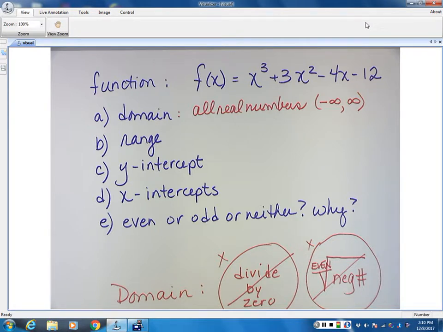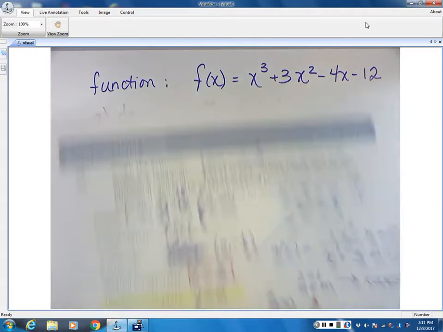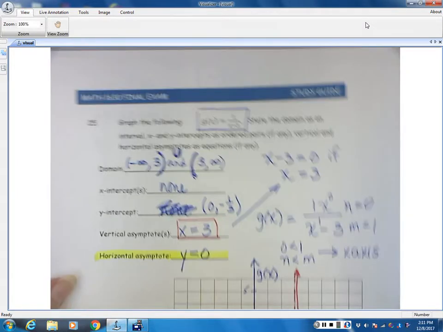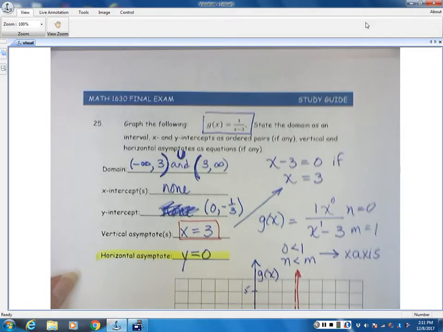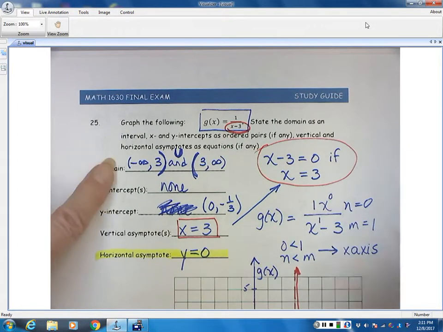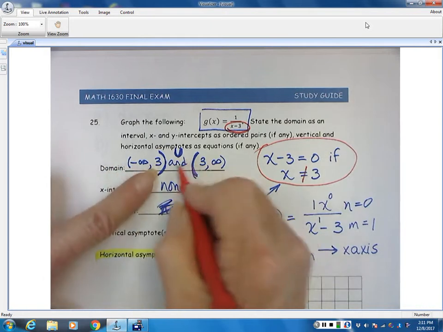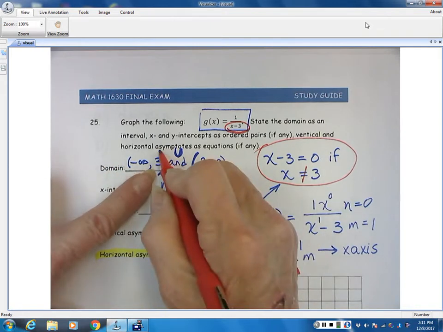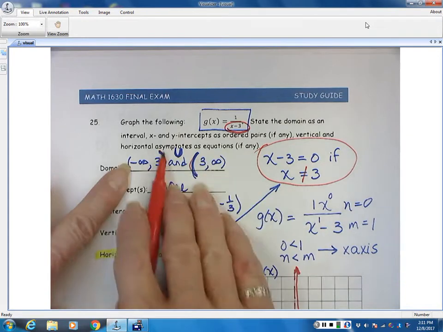For 25, that tells you x can't be 3. So the way you write it is you put parentheses to 3, but it doesn't include 3, and then it doesn't include 3.